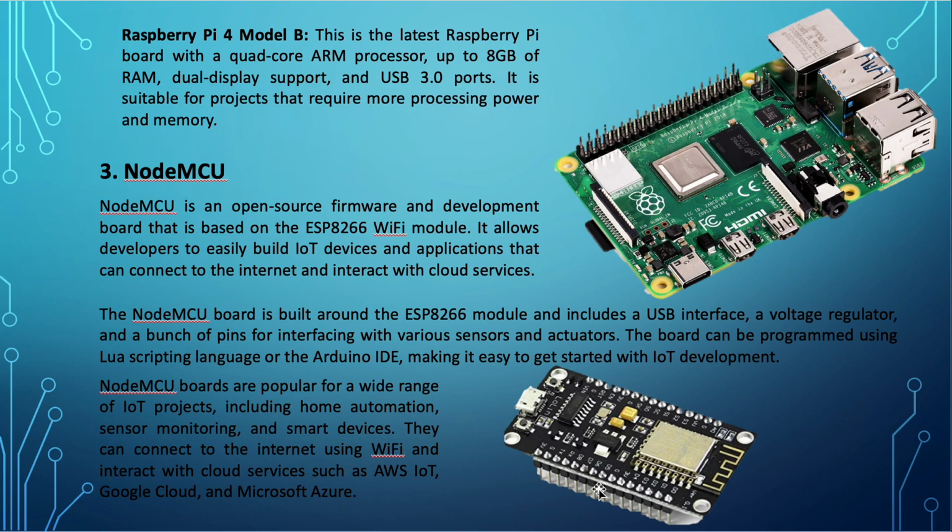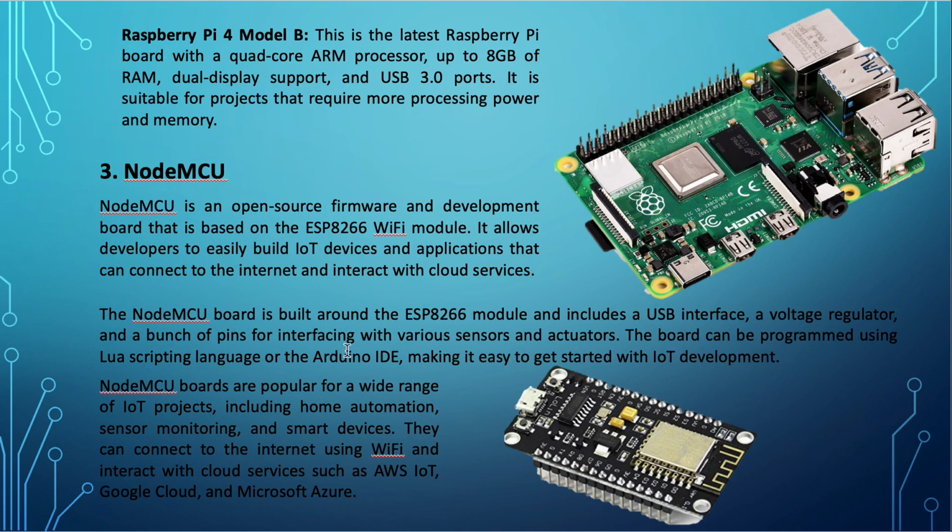So these embedded systems are the platforms that we will use to connect all those networking and peripheral devices together. The NodeMCU board is built around the module and includes a USB interface, a voltage regulator, and a bunch of pins for interfacing with various sensors and actuators.